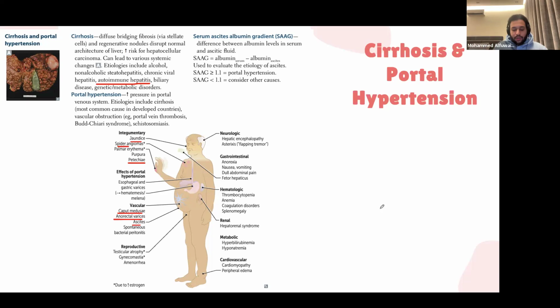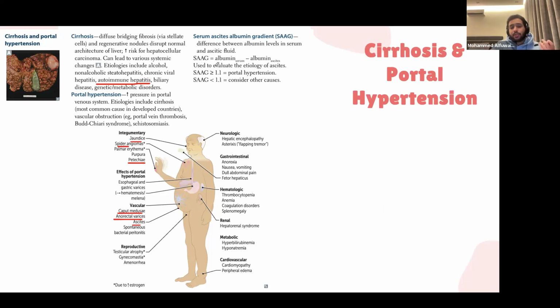Now, for ascites specifically, what do you need to do first? What intervention do you want to do? Drain it, which is both therapeutic and diagnostic.